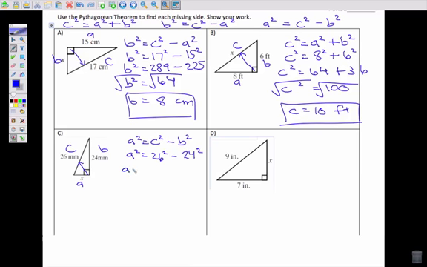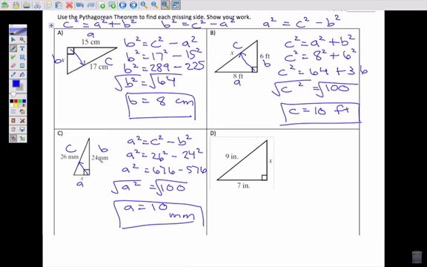So A squared is equal to 676 minus 576. A squared is equal to 100. Square root it. So A is equal to 10, and this one's measured in millimeters. Okay? If my hypotenuse is 26 and this one's 24, this one could be 10. That's reasonable.